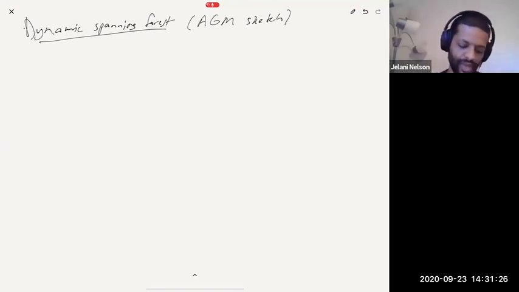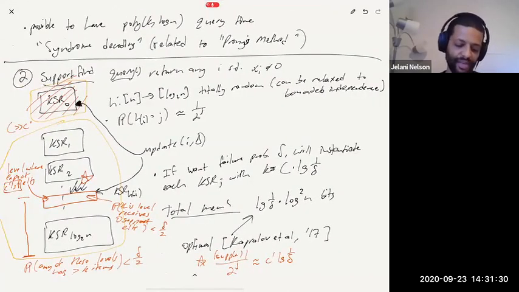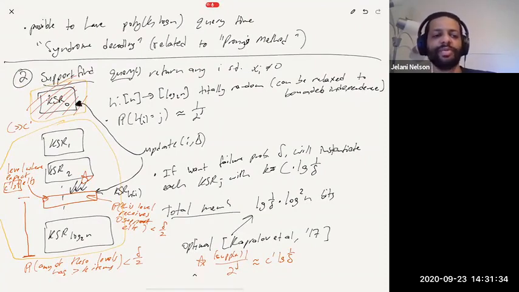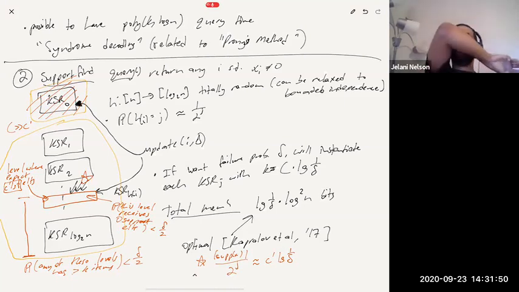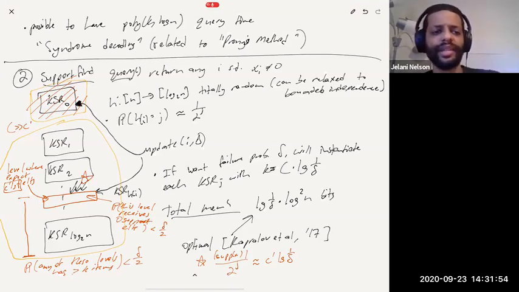What we're going to do is, at the end of the day, notice that both support find and k-sparse recovery, like the algorithms I've described, are linear sketches, right? Because at the end of the day, what are we storing in k-sparse recovery? We're storing a matrix vector product. So that's a linear sketch.